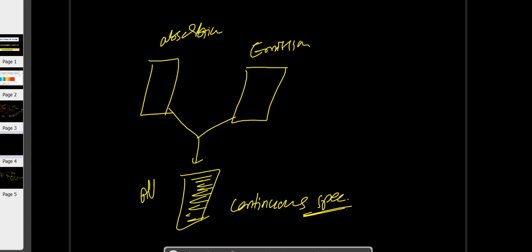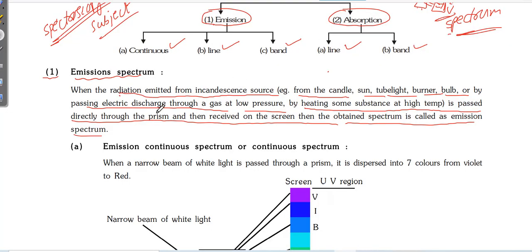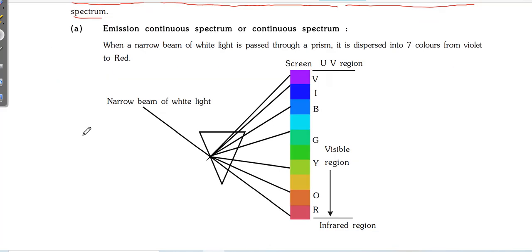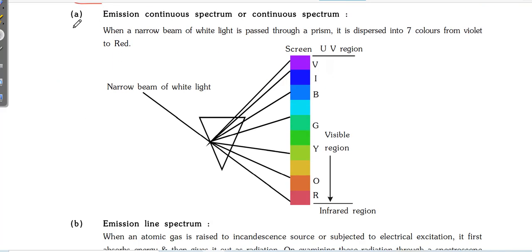All colors, nothing is missing. Okay? So this is the basic idea behind continuous, absorption and emission spectrum. Now you understood what the emission spectrum means. Now you can see here the continuous spectrum.